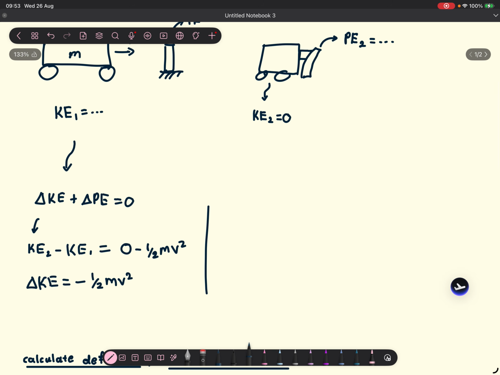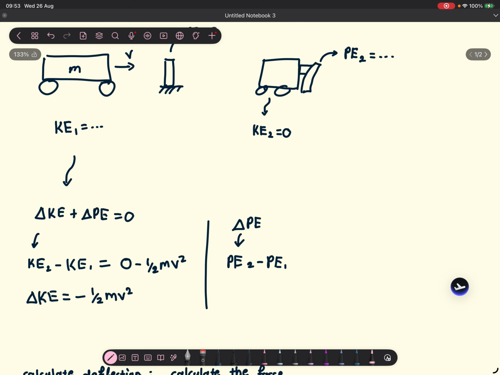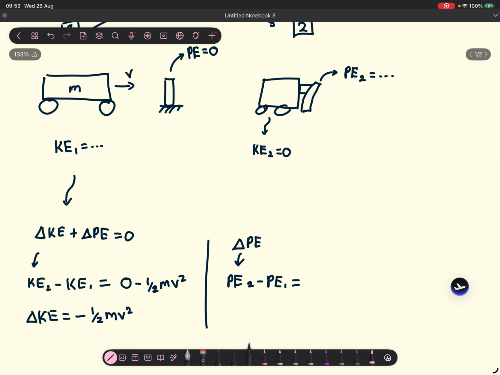And then we can look at the change in potential energy, which is going to be PE2 minus PE1. That's going to be equal to the potential energy at state 2. If we regard the beam as a spring, we can say it's equal to a half K equivalent times delta squared. So that's at state 2, and at state 1 it's 0. Cool.